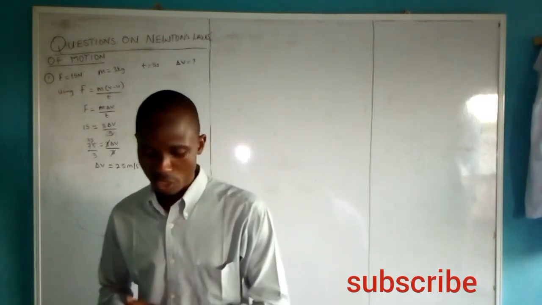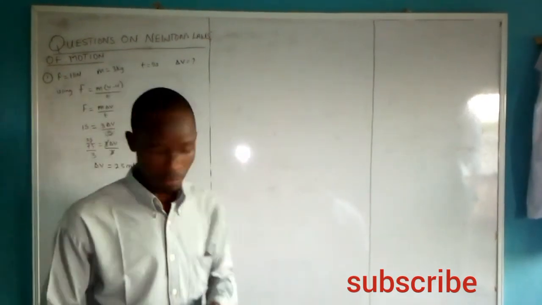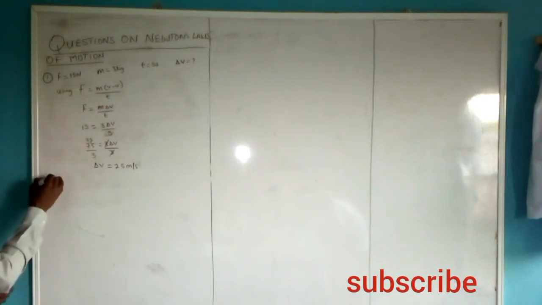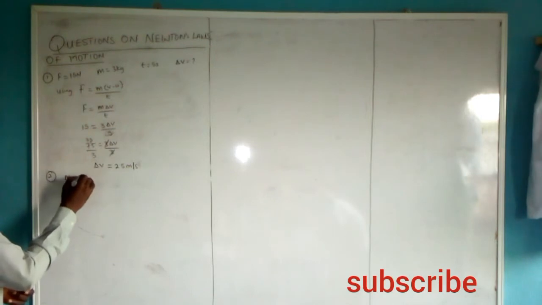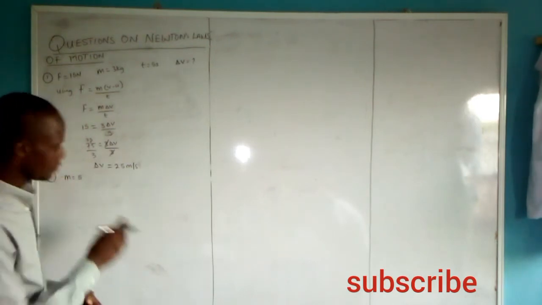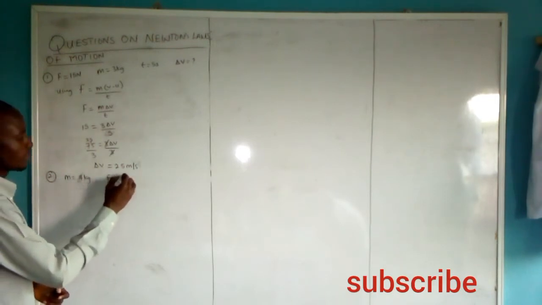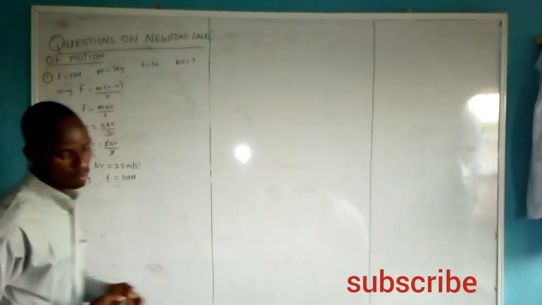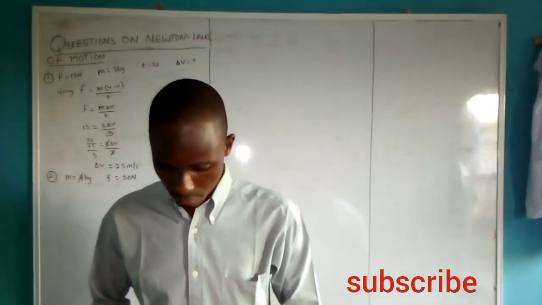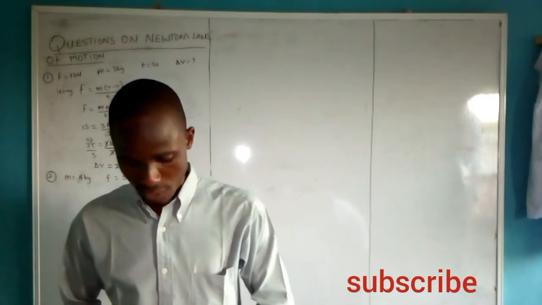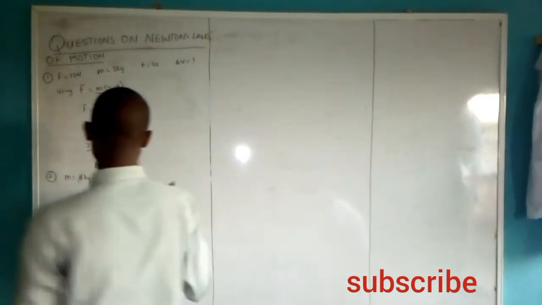So, question 2: a stationary object of mass 4 kg is set into motion by a net force of 50 Newton. If the object attains a speed of 5 meters per second in time t, calculate the value of t.